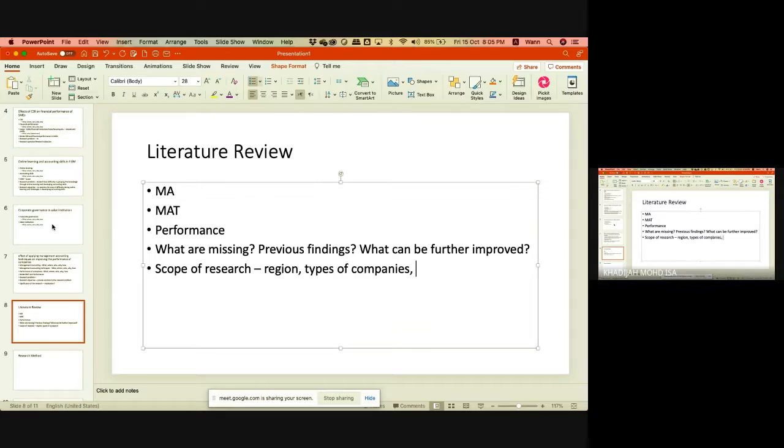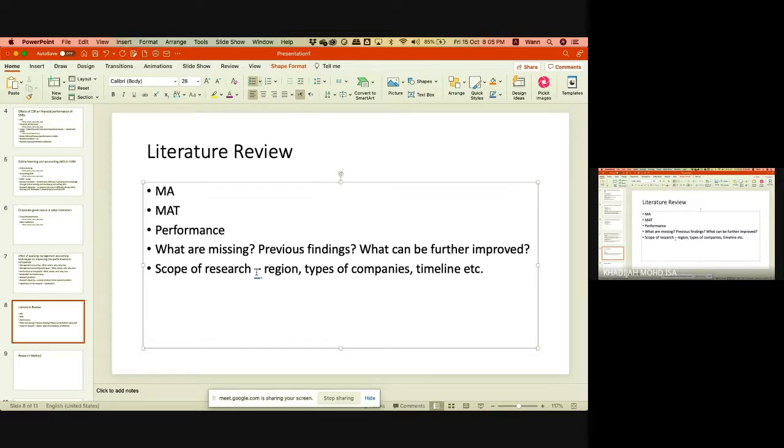It could be on the timeline, many. So it depends on how the review of your literature on the topic goes. It will give you some ideas on how to develop your research proposal. Okay. So again, in your literature review, these are the things that you should have as a beginning.